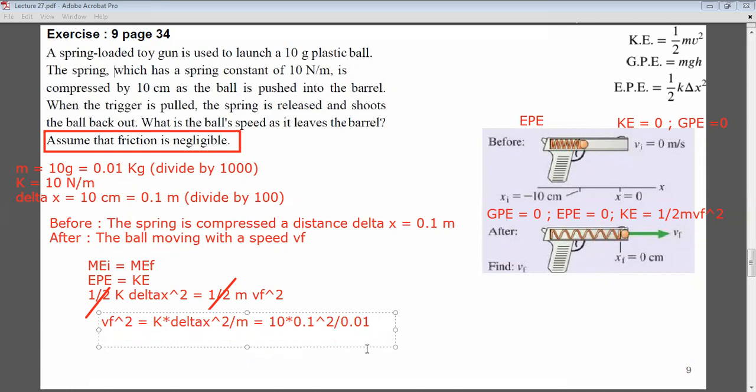I get the answer. v final square equals 10. v final equals square root of 10, which is equal to 3.16 meters per second.